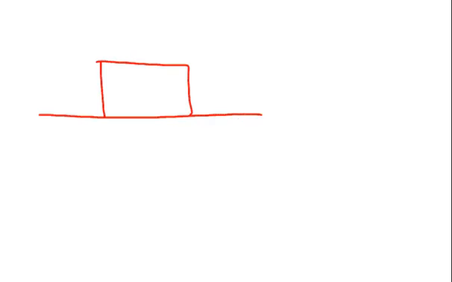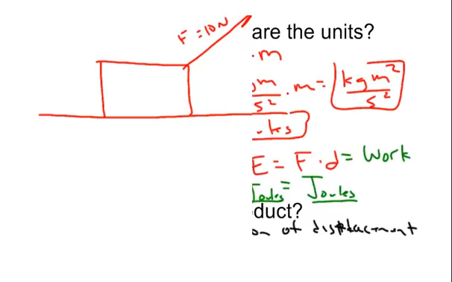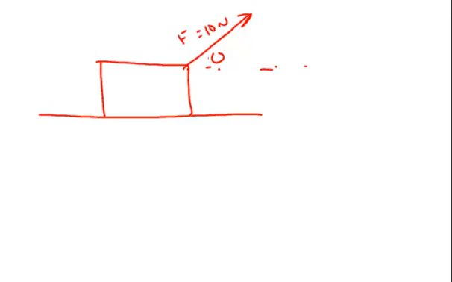It is being pulled up with a force of 10 newtons, and it's at an angle of 20 degrees. And we're going to displace it 0.5 meters. How much work is done on it?